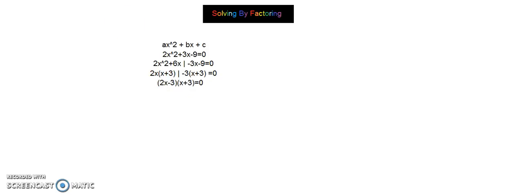So what we're going to do is act as if each parentheses is its own separate equation. And we're going to set both equations equal to 0. So 2x minus 3 equals 0.